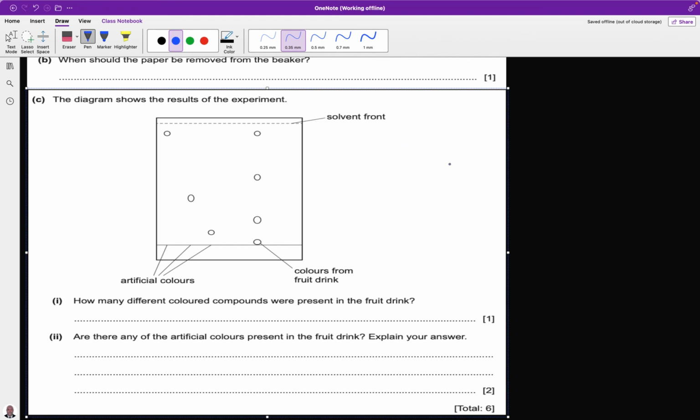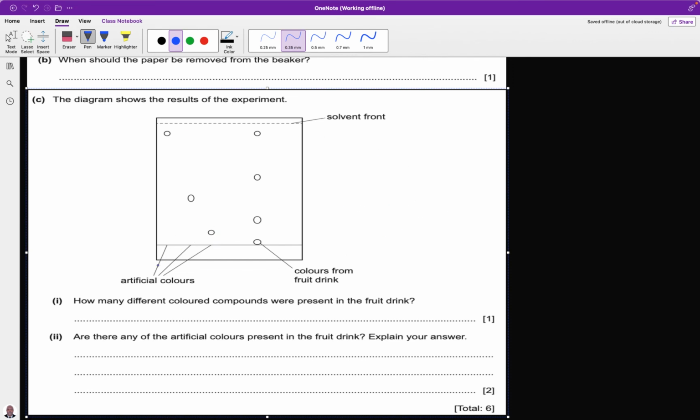The solvent front is the distance traveled by the solvent. This is the color from the fruit drink. These are the color mixtures that have been separated from the fruit drink. Then these are other artificial colors that have been separated.